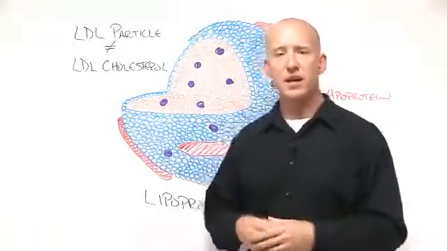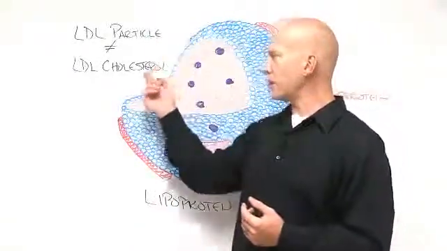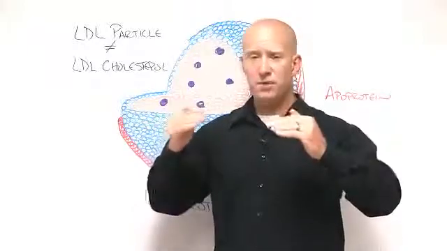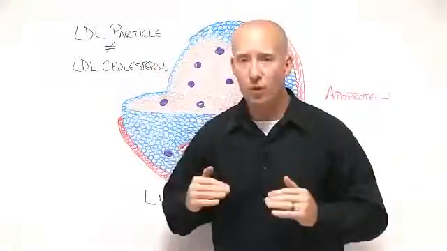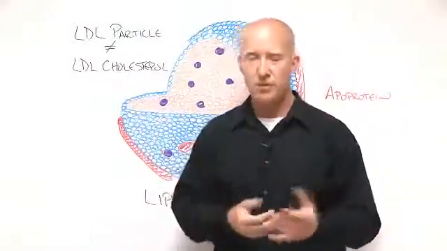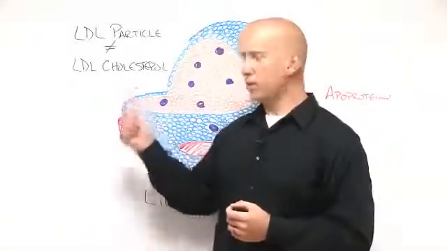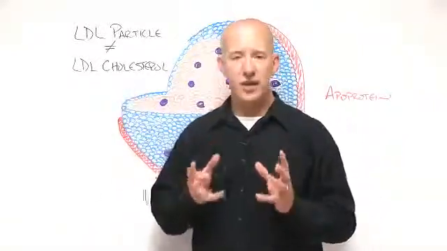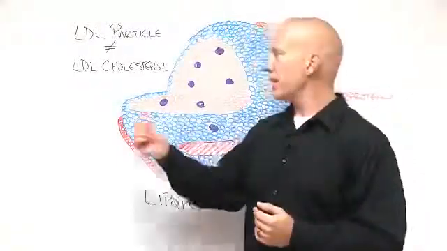They're two totally different things. In fact, in a second, I'll talk about concordant and discordant. When the LDL particle and the LDL cholesterol, which are two different markers on a blood chemistry, are concordant, meaning they're both high or they're both low, then LDL cholesterol, which is typically found on a blood chemistry, tends to be accurate. However, varying studies will suggest different percentages of people that have discordance in these.